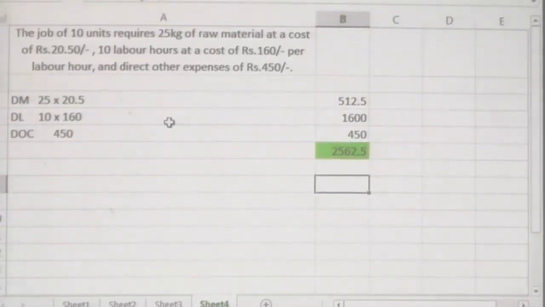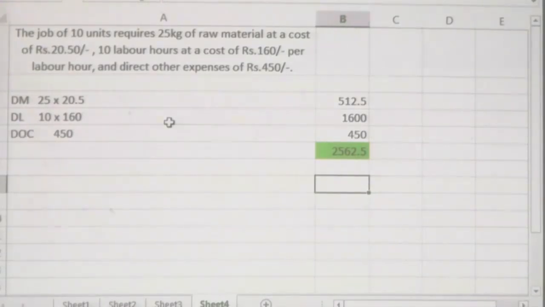What is prime cost? Prime cost consists of the direct cost: direct material, direct labor, and direct other. These three are called prime cost. As well as that, you have indirect material, indirect labor, and indirect other cost. Those indirect costs are called overhead. Direct cost is called prime cost.